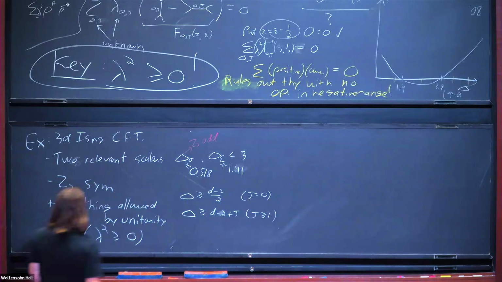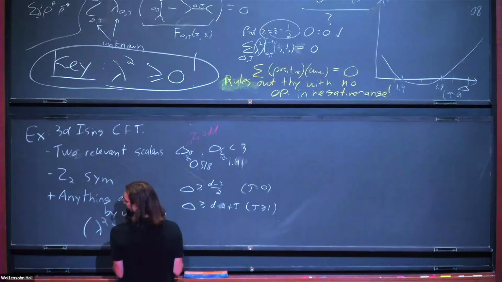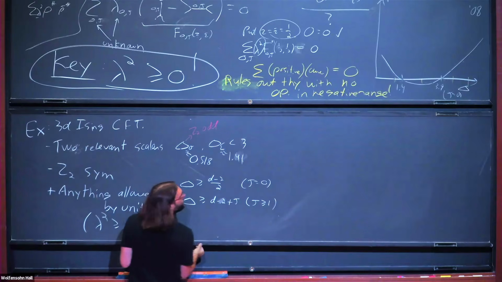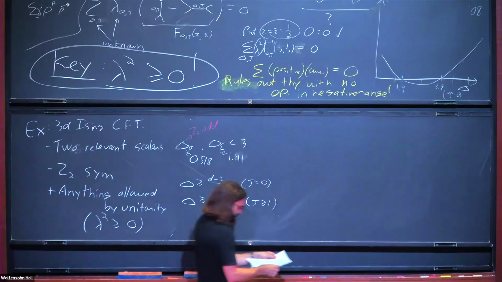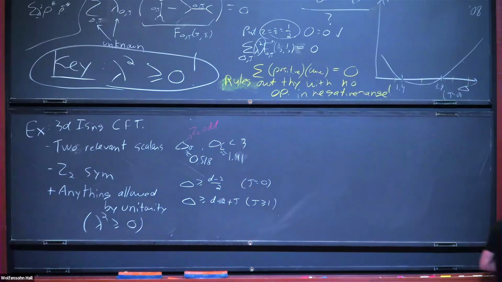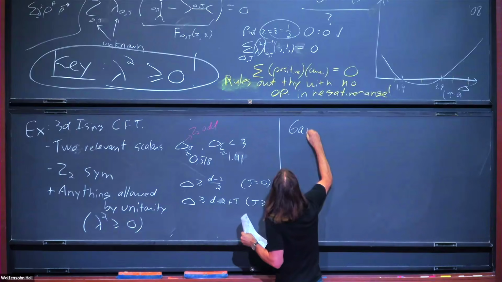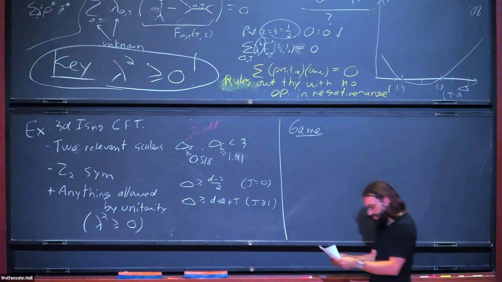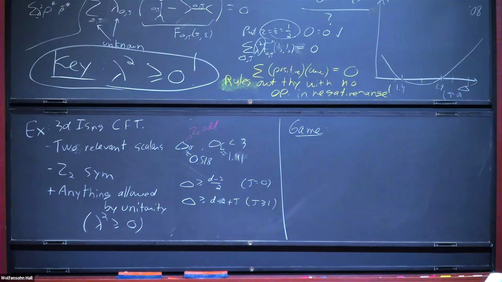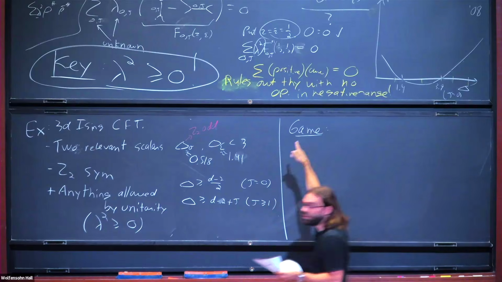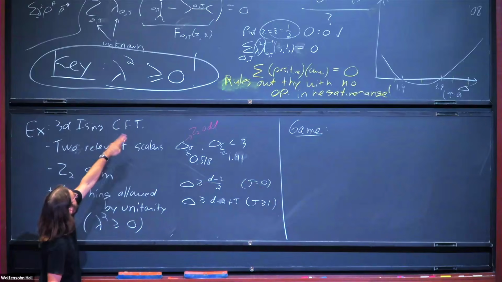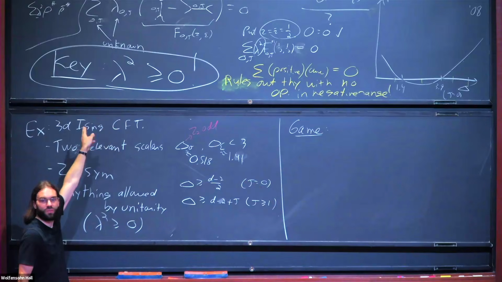And so what's the game? Let me write it here, just to keep order. The bootstrap game is that you generate a list of equations, basically just by taking derivatives of this f.